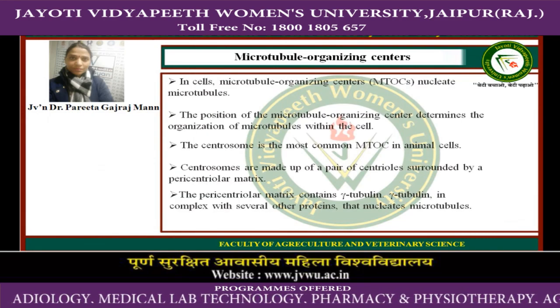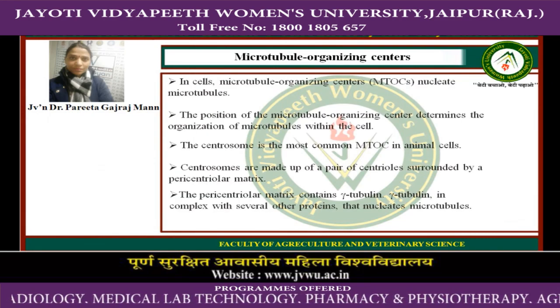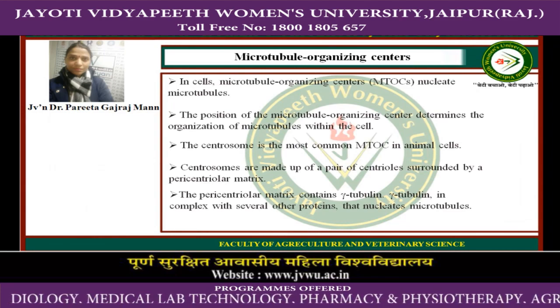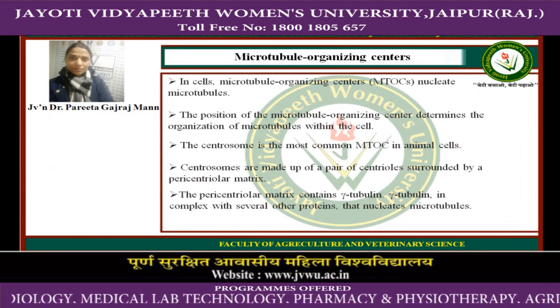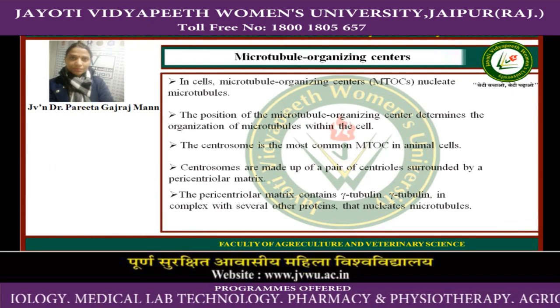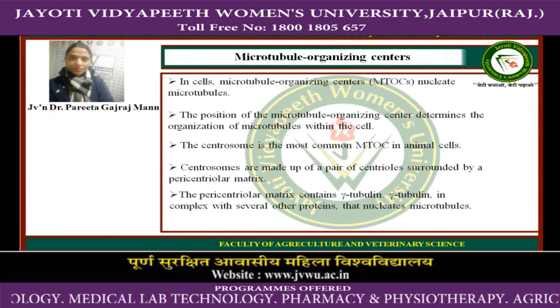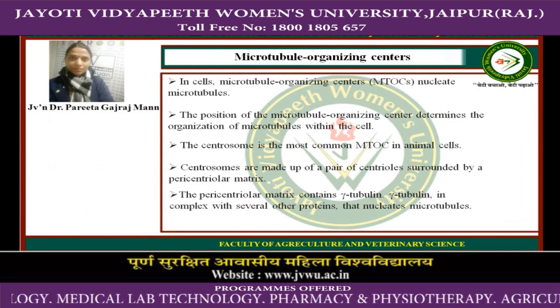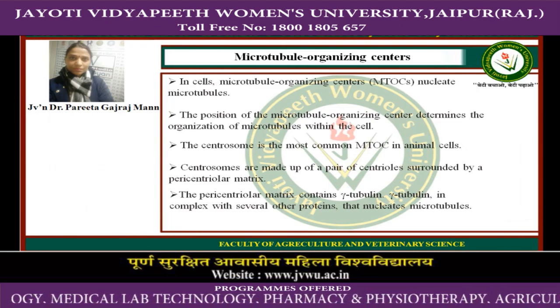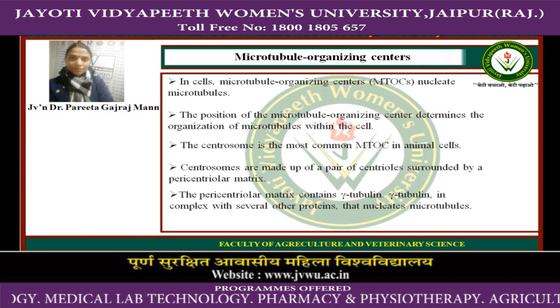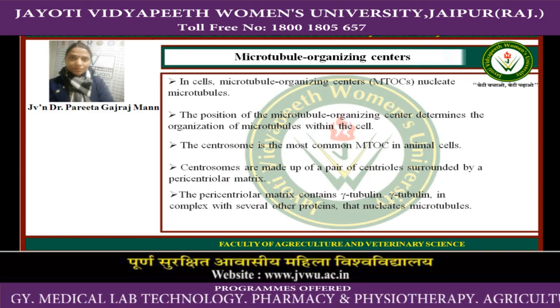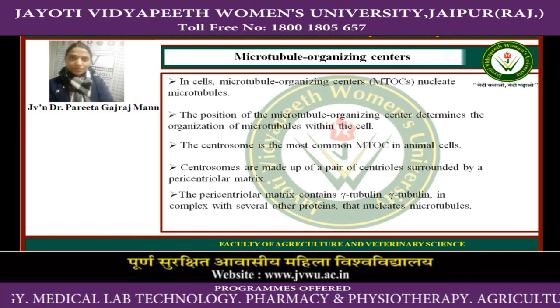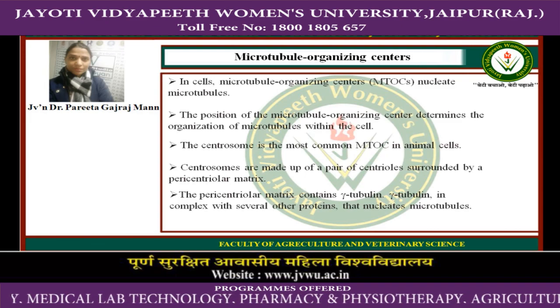Now I'm coming to the microtubule organizing center. The microtubule organizing center nucleates the microtubules, so the microtubules are organized. The position of the microtubule organizing center determines the organization of microtubules within the cell. The centrosome is the most common microtubule organizing center in animal cells.